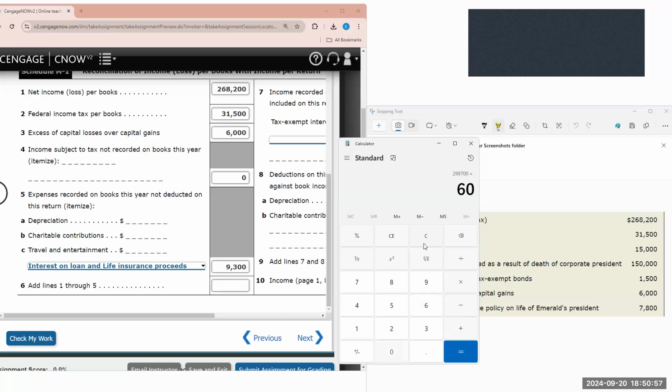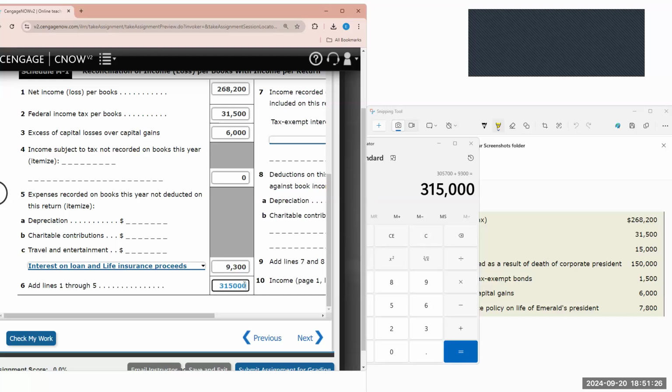We add back the excess of capital losses over capital gains because per the tax laws, corporations can only deduct capital losses to the extent of capital gains. And then we also add back the interest on the loan in addition to the life insurance premiums because if it is not considered taxable income for tax purposes, you are not allowed to claim a deduction. So the total is $315,000.